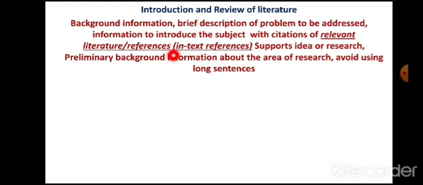So you need to acknowledge it. We call it a citation of that reference. You need to write the name of the author who has written that particular research paper. So the introduction and review of literature part will have in-text references.